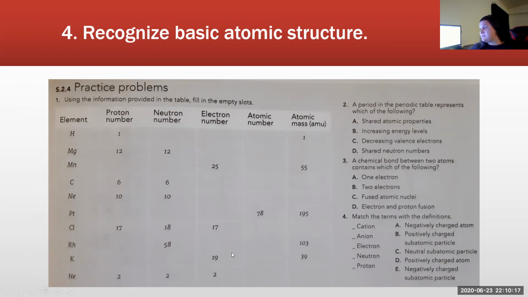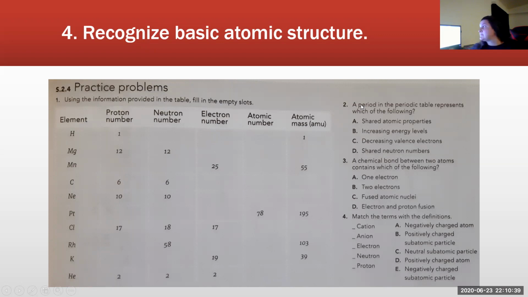Fill this out so you can understand how these elements correlate with each other. I highly advise that you familiarize yourself, and not just with these specifically. This is just to give you an understanding of proton numbers, neutrons, electrons, the atomic number, and the atomic mass.